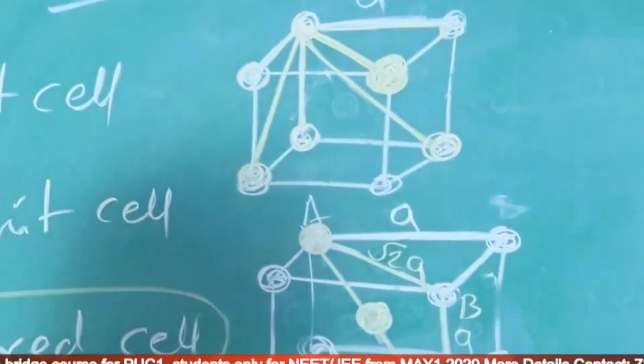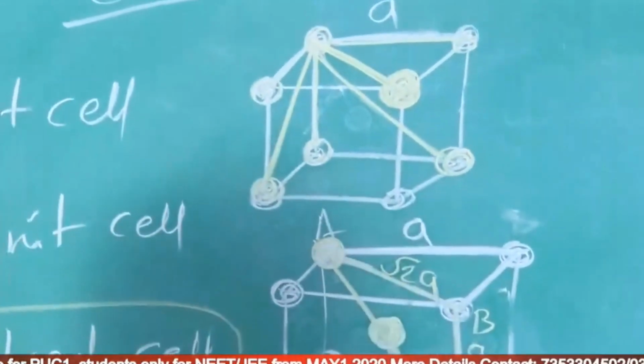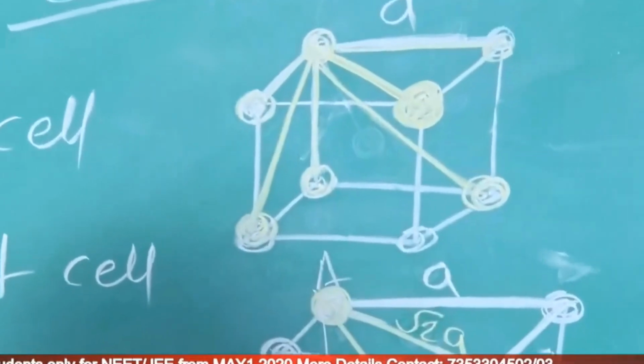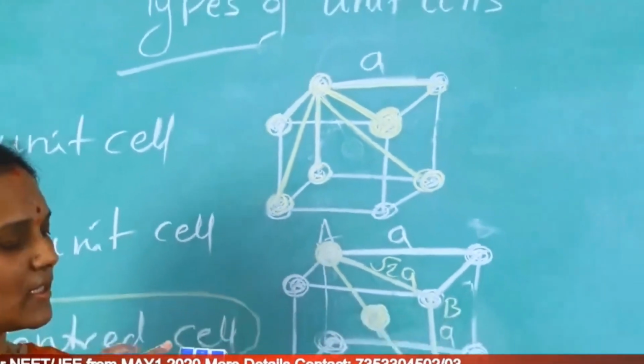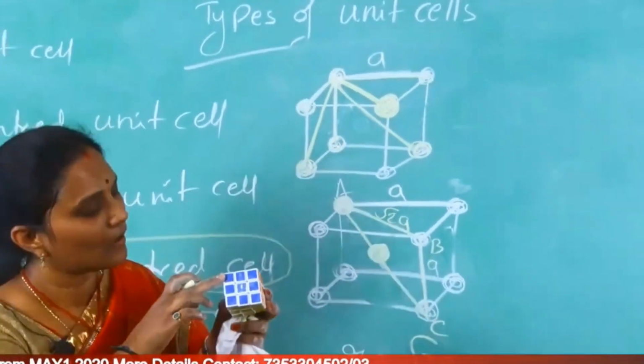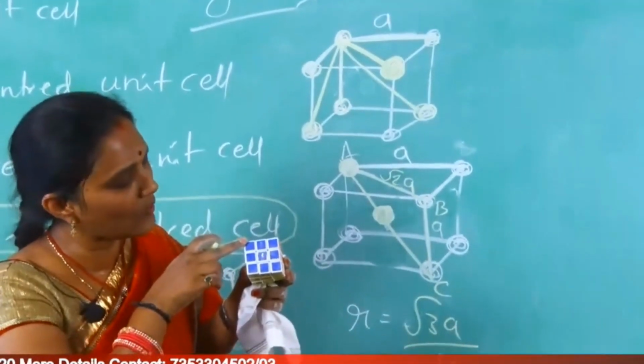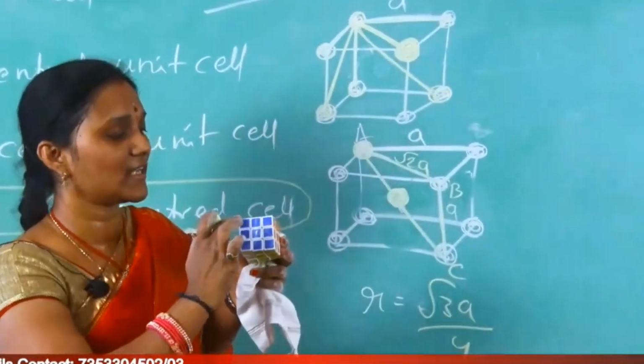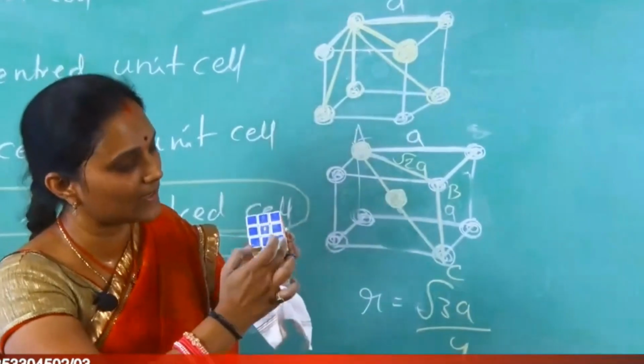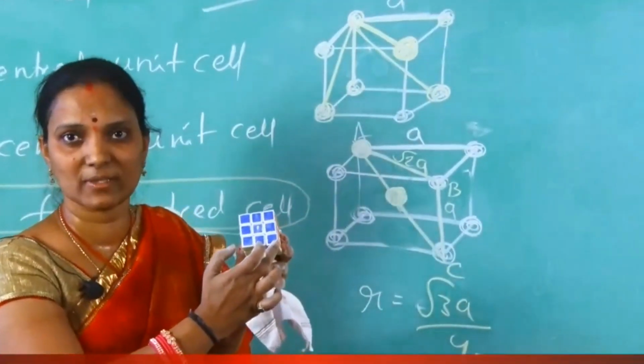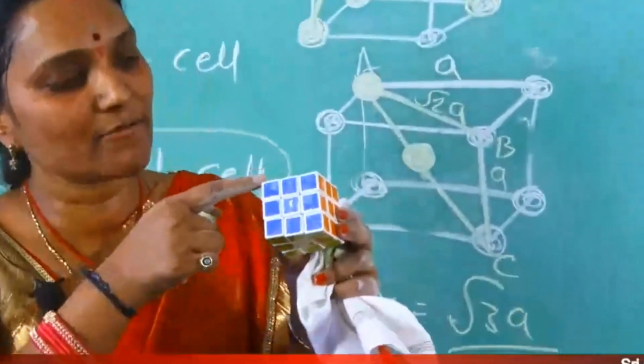Otherwise you imagine this is only one cube. This single cube, don't imagine the middle, this is one single color. Okay, here one unit cell, one particle is there. Now it is the nearest neighbor. This is the nearest neighbor, but this is the next nearest neighbor. Try to understand this. Here one particle.